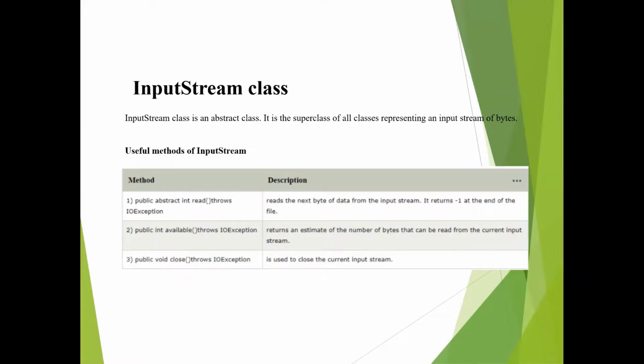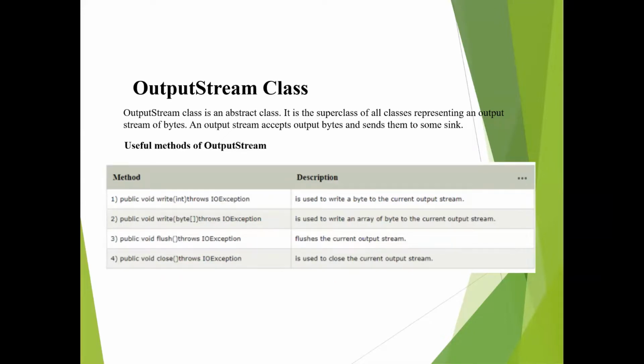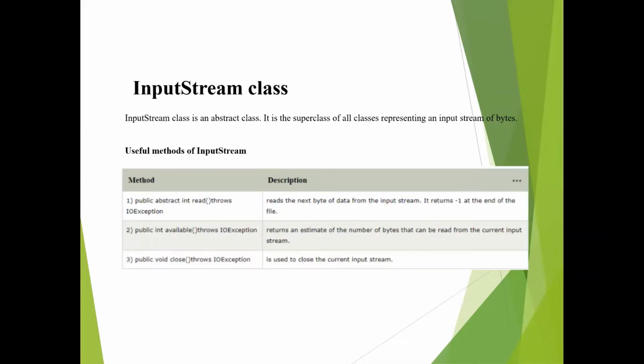InputStream is the superclass for all the binary input stream classes, and OutputStream is the superclass for all the binary output stream classes. Once again, InputStream is the superclass for all the binary input stream classes, and OutputStream is the superclass for all the binary output stream classes.